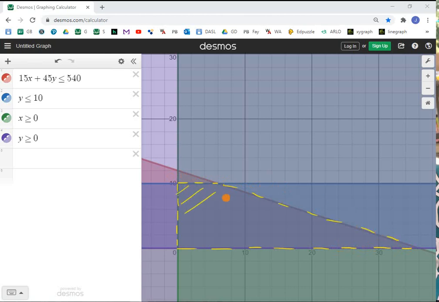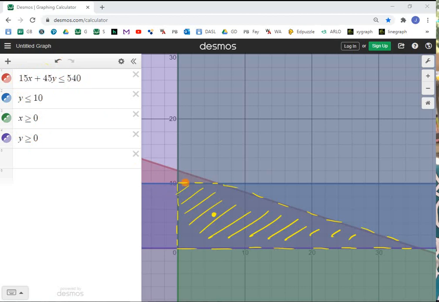Meaning to us that every point that is in that yellow stuff is going to meet all four of those requirements. Any point in here, like that point there, will have y greater than 0, x greater than 0, y less than 10, and the x comma y plugged into that will be less than 540.